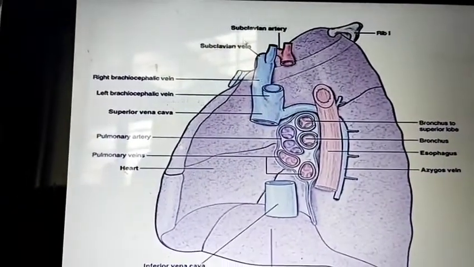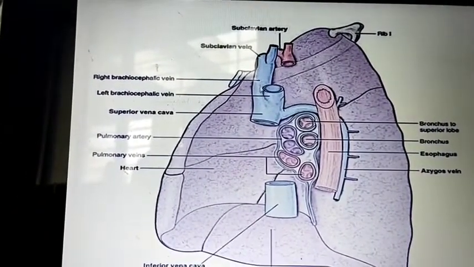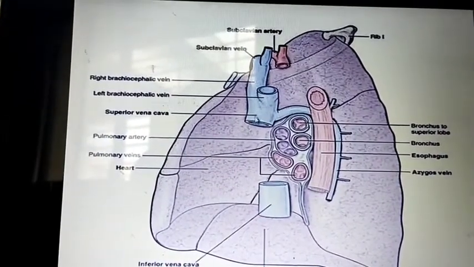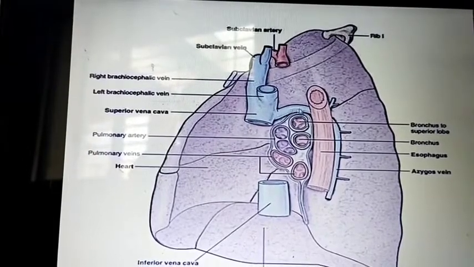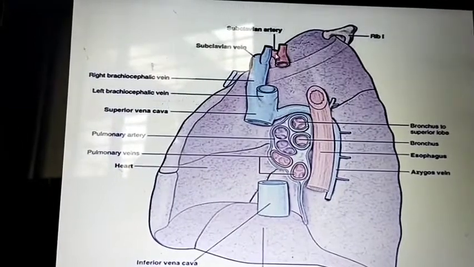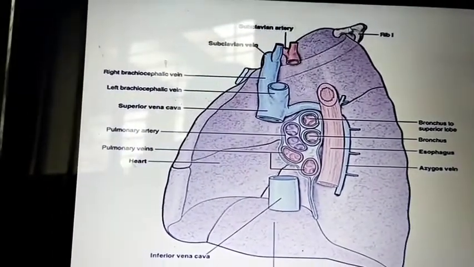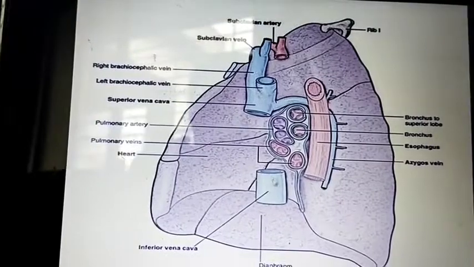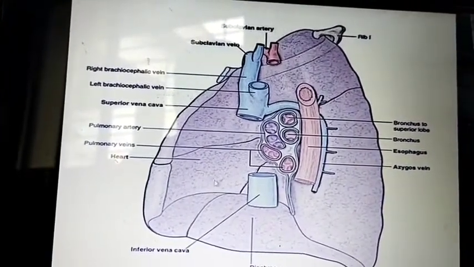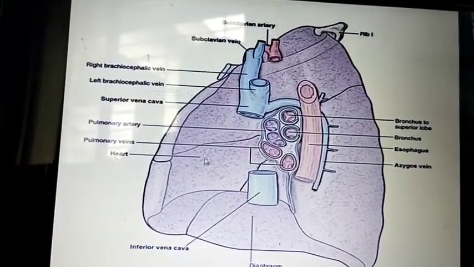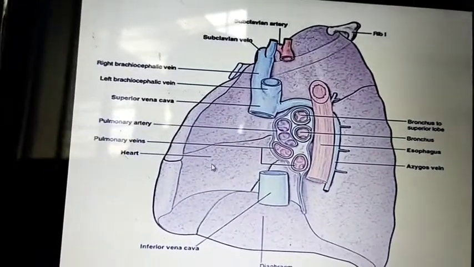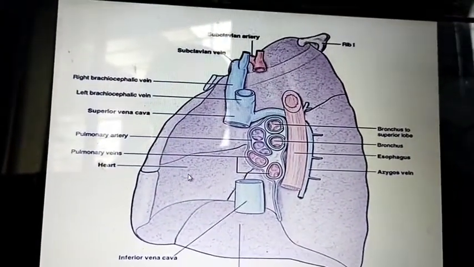This is the subclavian vein, this is the left brachiocephalic vein, this is the superior vena cava, this is the arching of the azygous vein, this is the esophagus, this is the subclavian artery, these are the ribs, and this is the inferior vena cava. Like that, the impressions, and this is for the cardiac right atrium, middle lobe. You can see here the right atrium. These are the impressions on the medial surface of a lung.